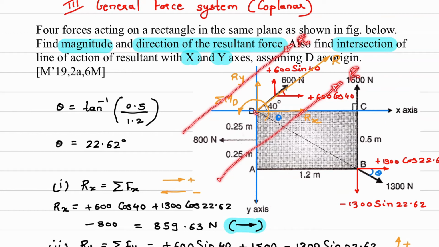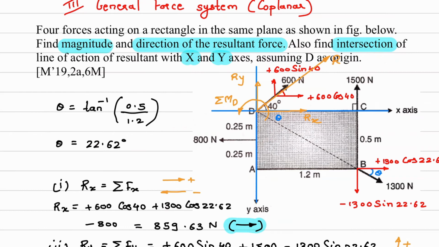Keep your thumb at point D, keep your index finger on this force and rotate your index finger in the direction of arrow. This is creating anti-clockwise. So this R will be the final answer. Basically we will erase this resultant and this moment, and keep only this resultant as answer.